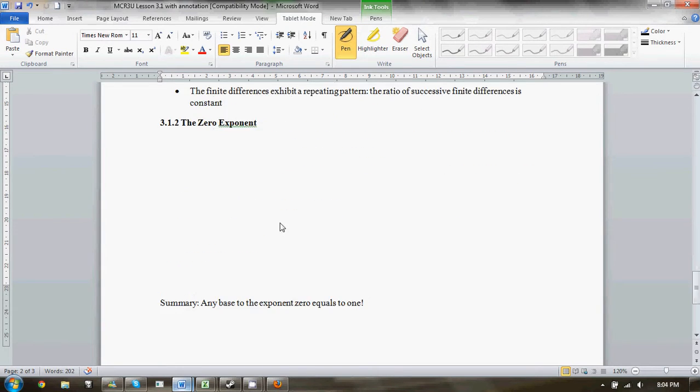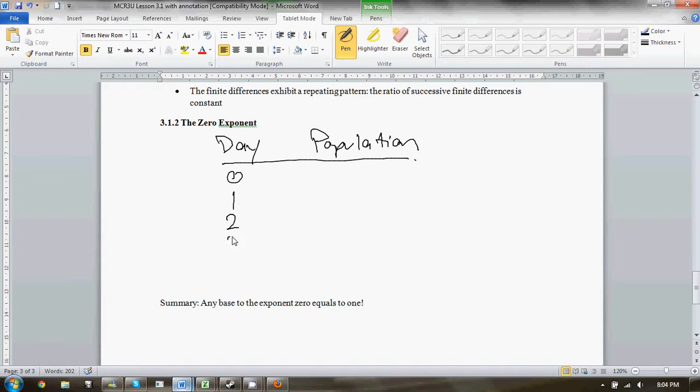Alright, now we're gonna do a quick little blurb on the zero exponent, talking about what it means to apply the exponent 0 to any number. Going back to the bacterial example, day and population: if you remember, it was 0, 1, 2, 3, 4.